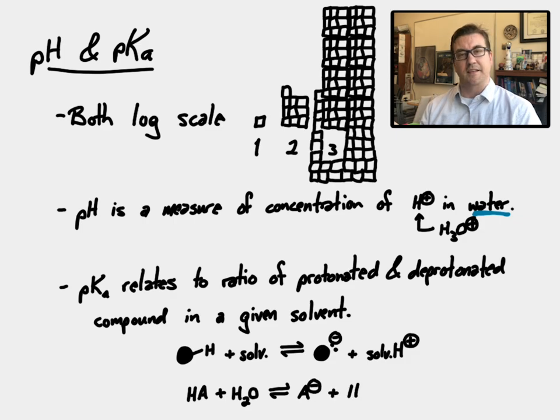We often see this in the context of HA, where A is just a random thing that the proton is attached to. HA is your acid, and A- is the conjugate base of this acid. We often think about pKa in water as well, which is, I think, why it gets confused with pH. There are, of course, relationships, and we'll look at that later in class, the Henderson-Hasselbalch relationship.